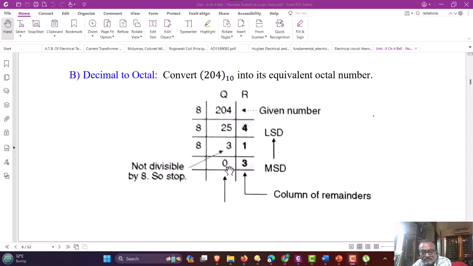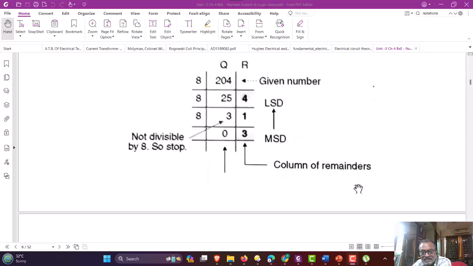After this, the process stops because 0 divided by 8 is 0 itself, and therefore we reach the end of the conversion process. The last remainder is the most significant digit, and the first remainder is the least significant digit. So we write the remainders from bottom to top: the bottom is the MSD and the first remainder is the LSD.